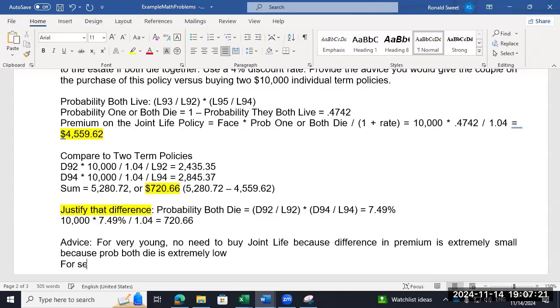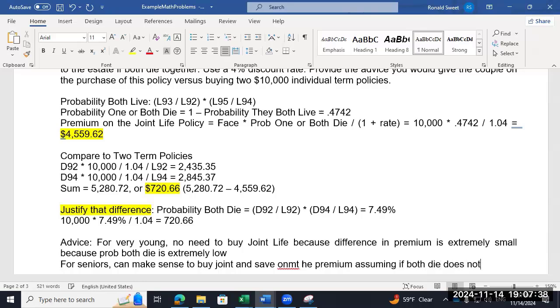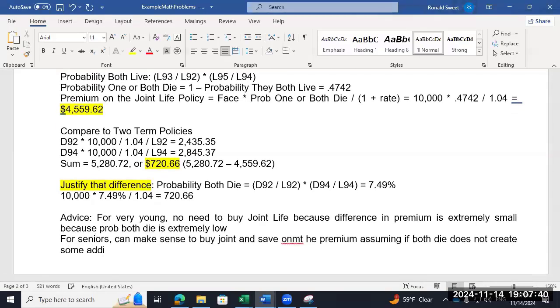For seniors, it can make sense to buy joint and save the premium, assuming both dying does not create some additional issues or errors.